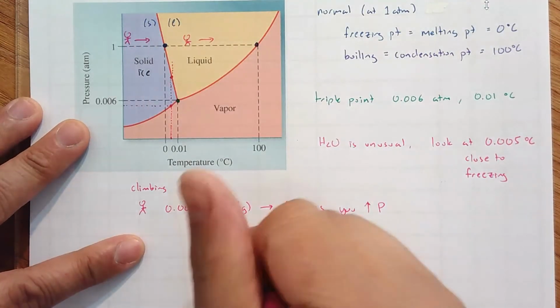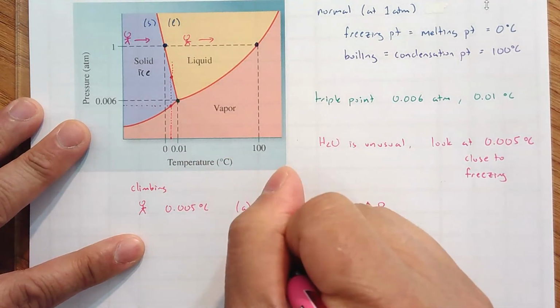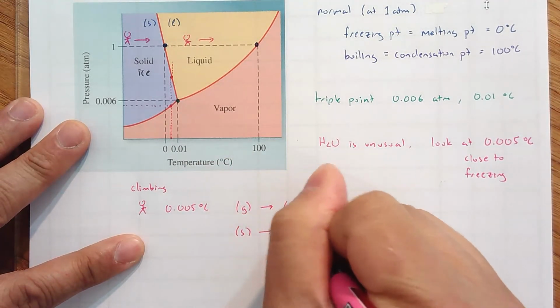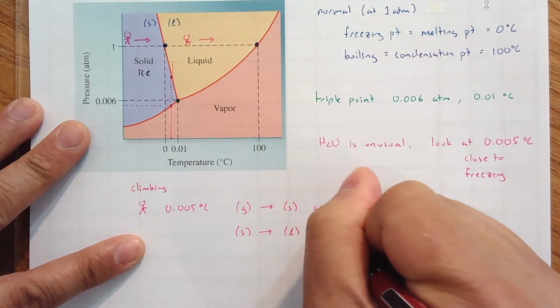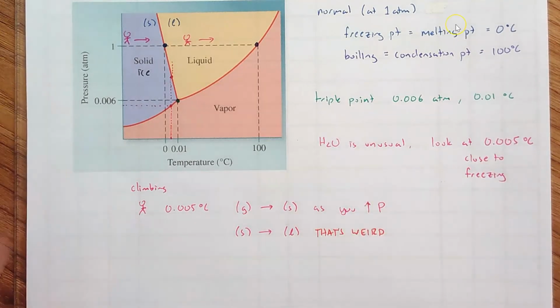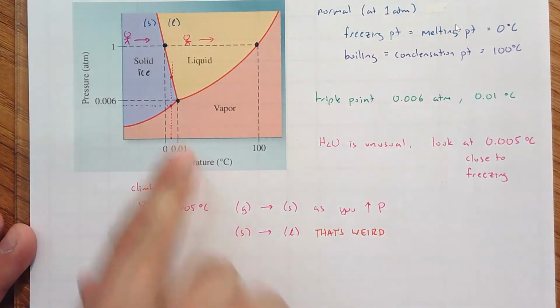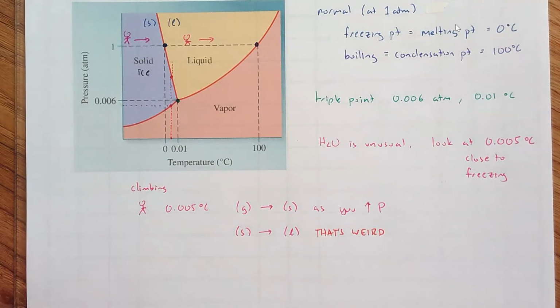That is unusual. At some pressure, you go from solid to liquid. That's weird. We're pressurizing it, but we become more liquefied. We become liquid at some pressure when we hold the temperature steady.